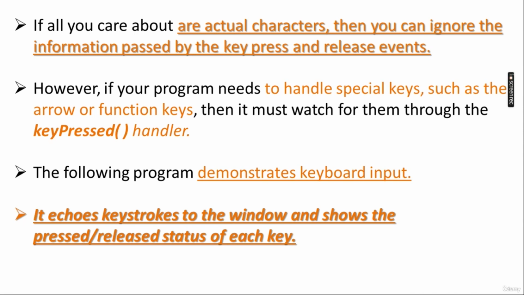If you depend only on characters, you can forget about the key press and key release events. If your program needs to handle special keys such as the arrow or function keys, which do not generate any particular character, then it must watch for them through the keyPressed handler.